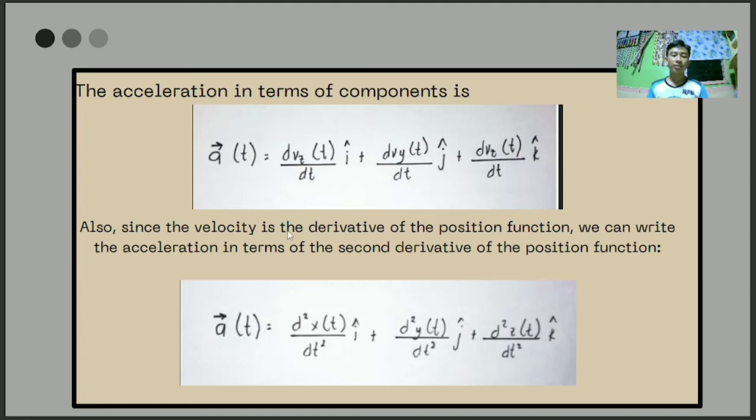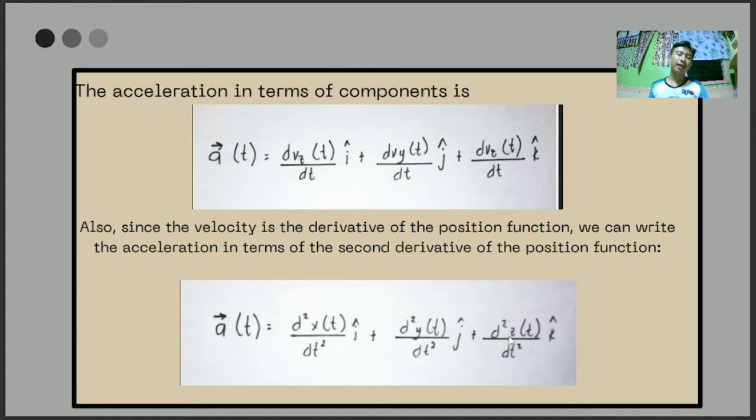Also, since the velocity is the derivative of the position function, we can write the acceleration in terms of the second derivative of the position function. So the acceleration vector a of t is equal to d squared x of t over dt squared i hat plus d squared y of t over dt squared j hat plus d squared z of t over dt squared k hat.